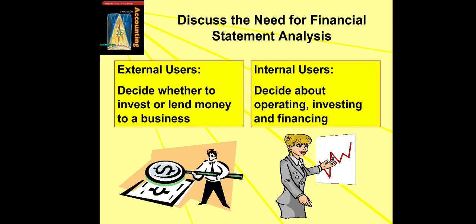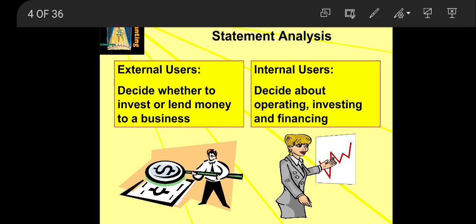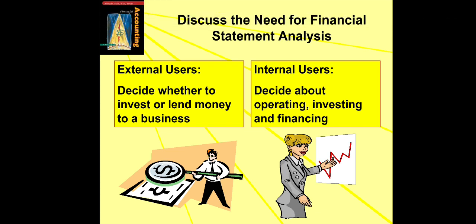And then also I have seen in some textbooks that NGOs, particularly those related to the environment like Greenpeace, also do financial statement analysis. They want to see whether the business is making a profit or not.